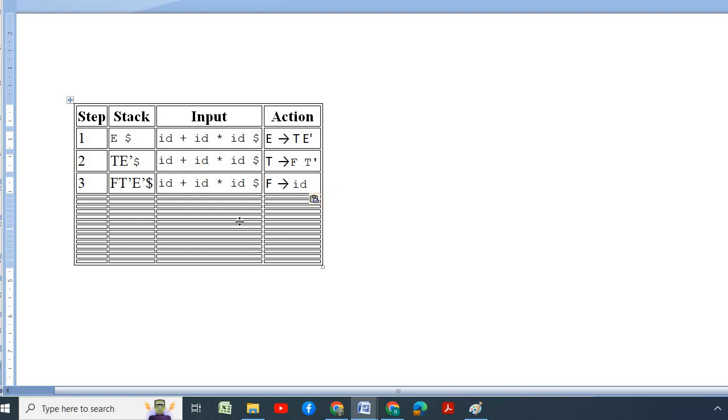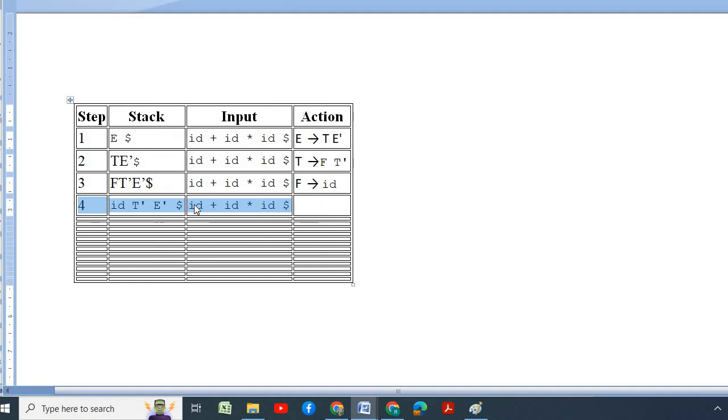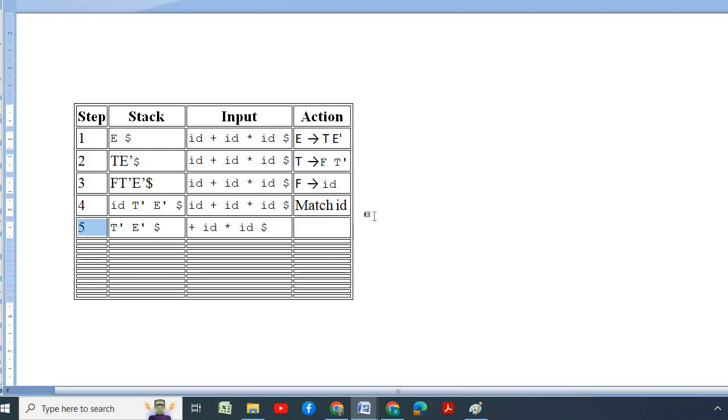So now the F has to be replaced with ID. Now in the stack it's ID and in the input also we have ID, so there is a match. After matching, the ID has to be removed from the stack and also from the input.